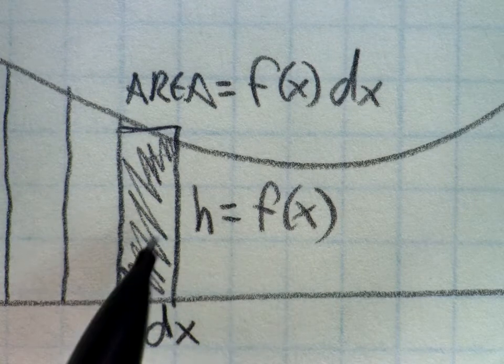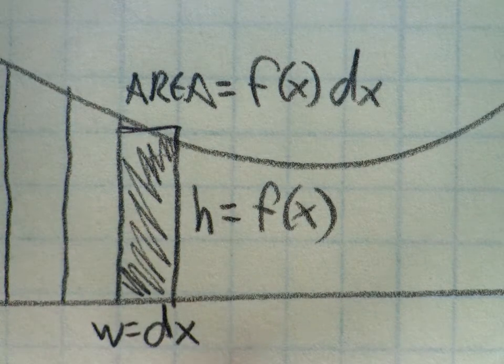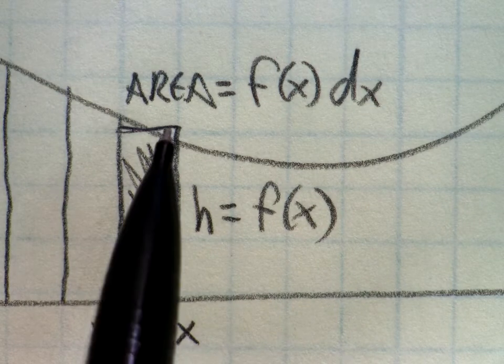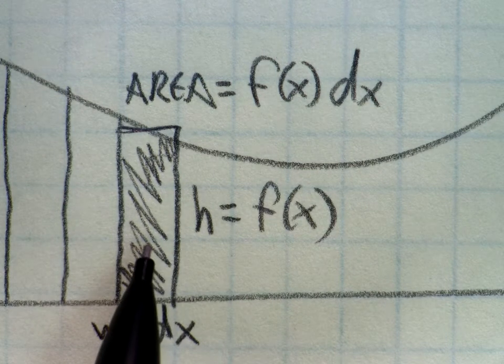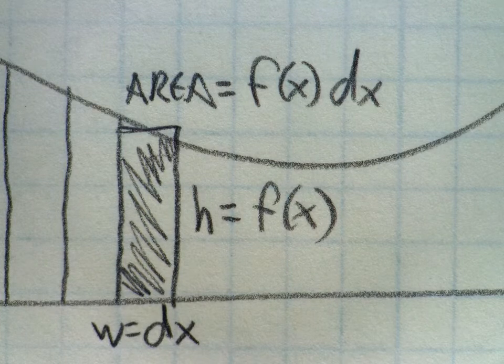Height times width is the area of a rectangle. So f of x times dx gives me the area of that one right there.